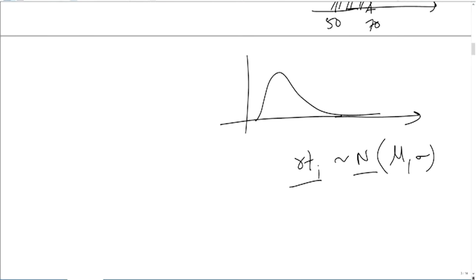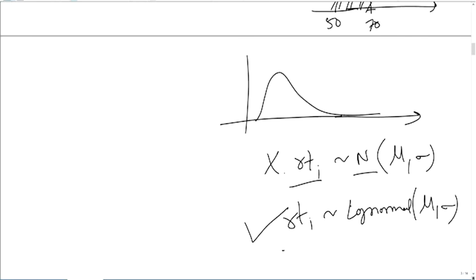So that's why we changed this assumption to this, that reaction times in the ith trial come from a log normal distribution, log normal mu sigma, rather than normal mu sigma. Okay, this was a better likelihood assumption. This was a poor likelihood assumption. So we always want to specify a better, a more reasonable likelihood assumption.